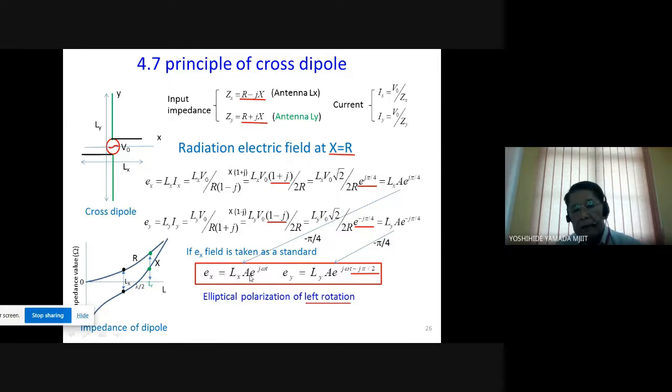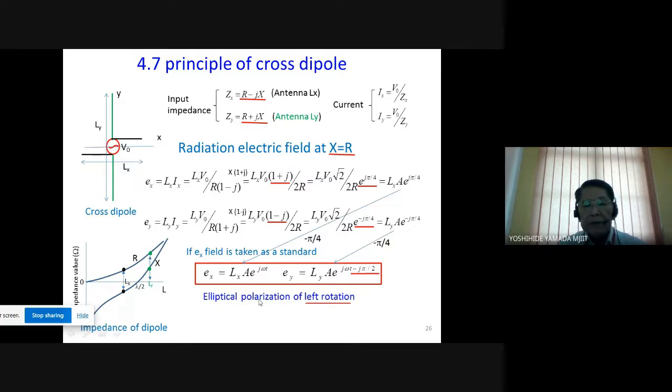Comparing these two phases, the vertically excited field is shifted by half pi, which means a 90-degree delay.